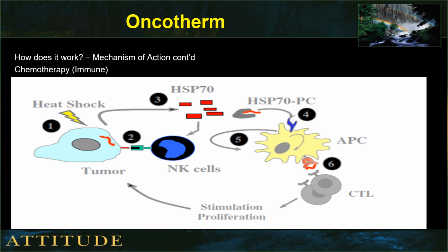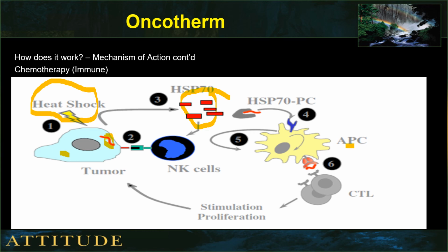So as you can see here, you have your heat. That's the oncotherm. This is the cancerous cell. The heat in and of itself induces these heat shock proteins to be presented on the surface of that tumor. Your natural killer cell sees that, so it starts to attack that. Then what ends up happening, there's more flooding of this heat shock protein 70. As it does so, it is picked up by what we call antigen presenting cells.